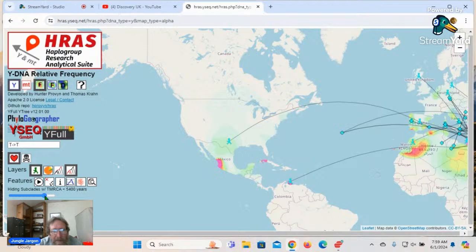There is 5,400, and notice it's both in North America and South America. 4,500 years, which is probably around 2,500 years, would be closer to the actual age when they went to America. But I don't think they're any older. Yeah, it's 7,900. That's still pretty old.